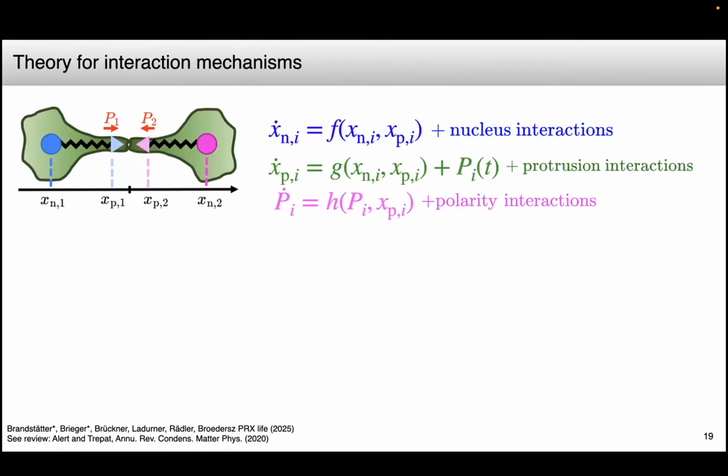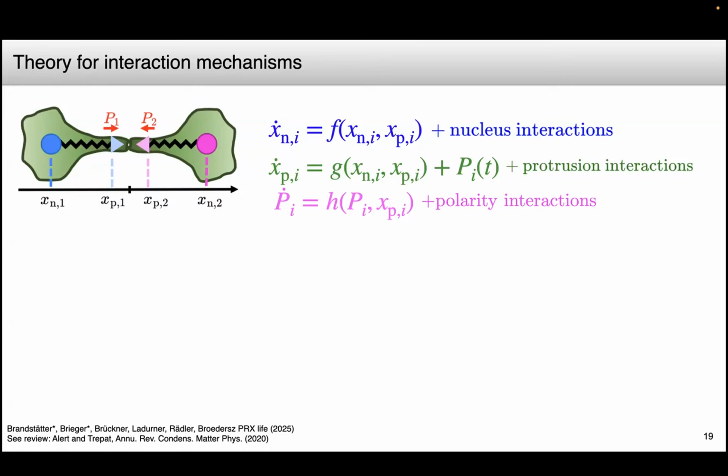What I want to do instead today is get into Daniel's question about interactions now, because you can also take this model where you now have information about a polarity and a protrusion coordinate, and you can generalize the model. So far we believe that this is an adequate model for a single cell. What about interactions? We do not know how to derive these interactions from the underlying molecular machinery, but what we can do is guess.